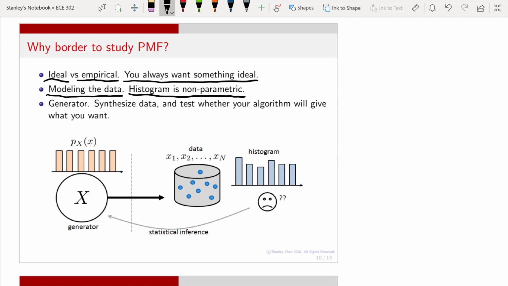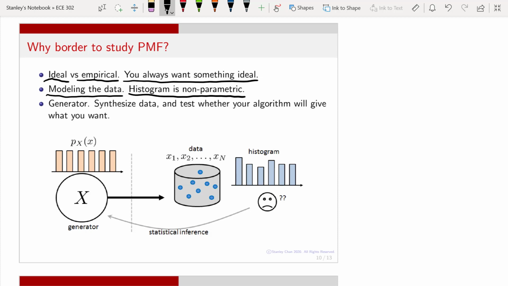Versus, if you start with a random variable, let's say you are looking at a random variable of a coin, then knowing the probability of getting a head, you will know the probability of getting a tail. So this entire experiment is specified by one parameter. And in many cases, for example, if you know something about the normal distribution or the Gaussian distribution, you know that once you know the mean and the variance, you will be able to specify the entire model.